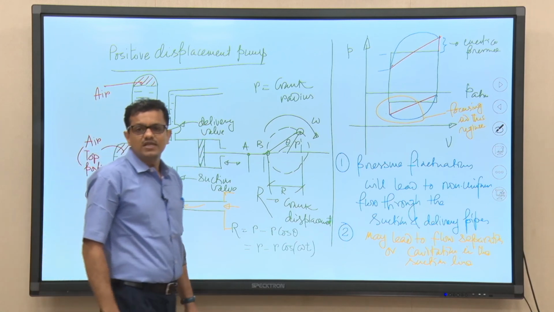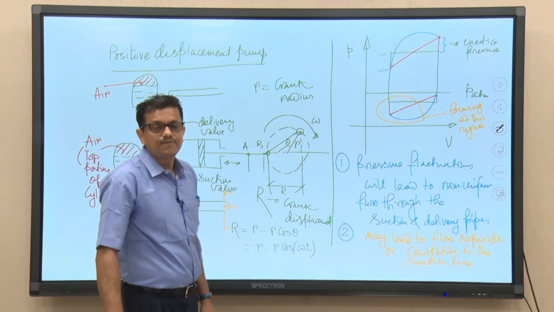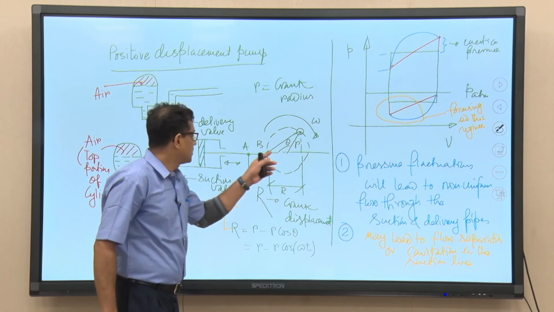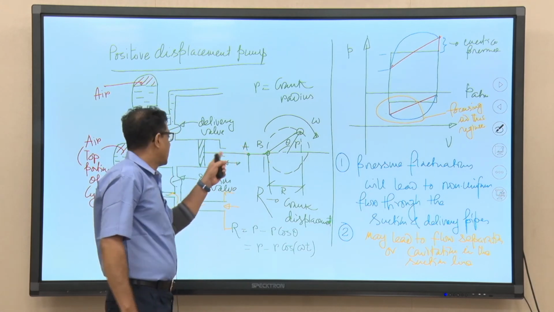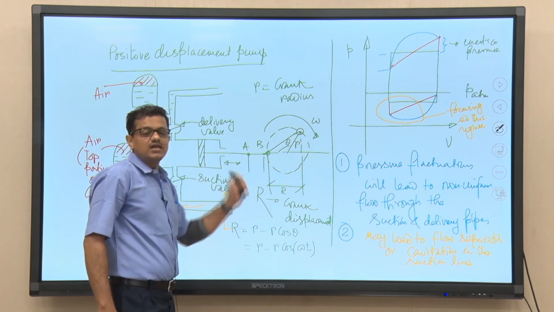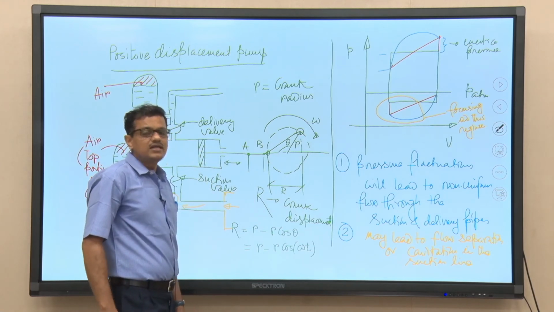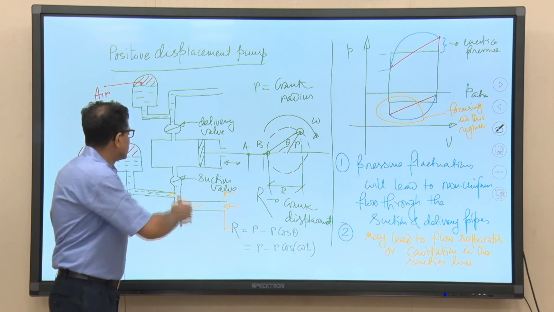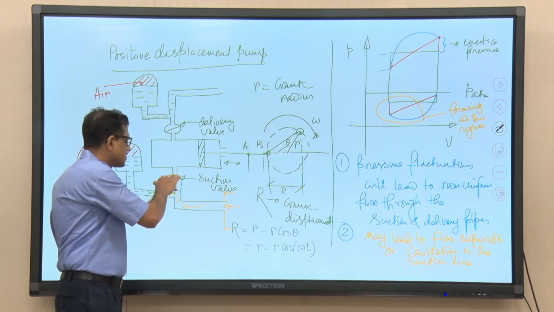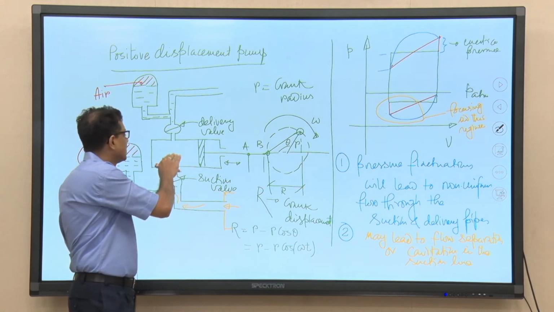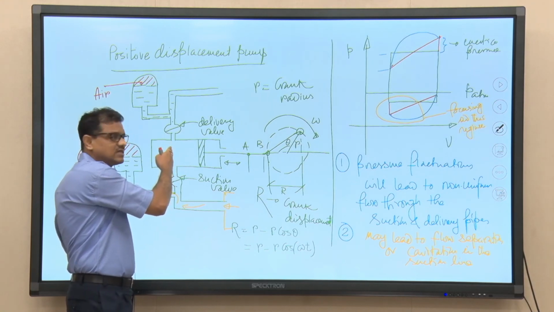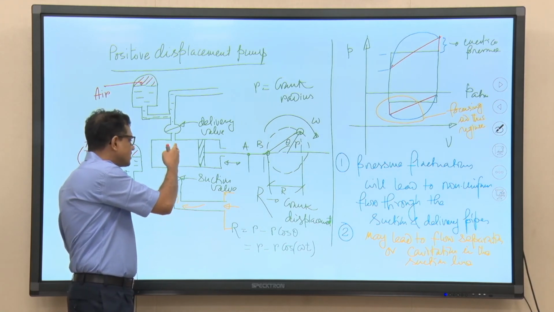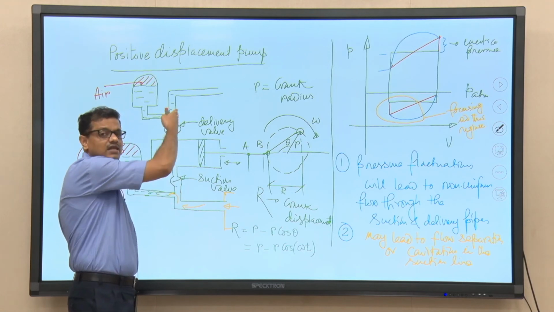Now, what will be the consequence when the piston is reaching point A, that means at the end of the delivery stroke? At the end of the delivery stroke the suction valve remains closed, and pressure inside the cylinder as well as in the relevant pipeline will reduce.